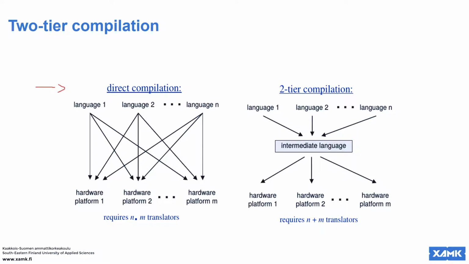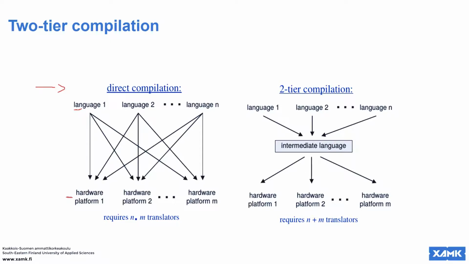If we need to do a translation between some high-level language and some hardware platform, that requires one translation or one compiler. So we need one compiler that understands this input language and also the hardware specification on the specific platform.